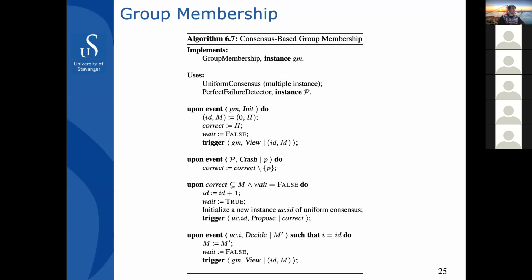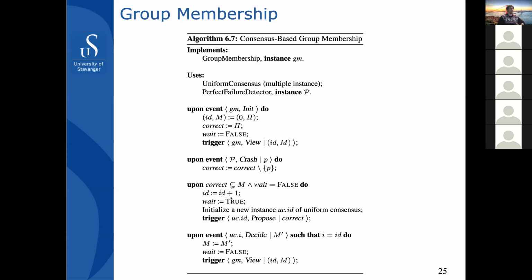whenever the crash is detected, it goes to this event here, when the correct set is a subset and not equal of M. So there are fewer processes that are correct than in M, and this waiting flag is false.